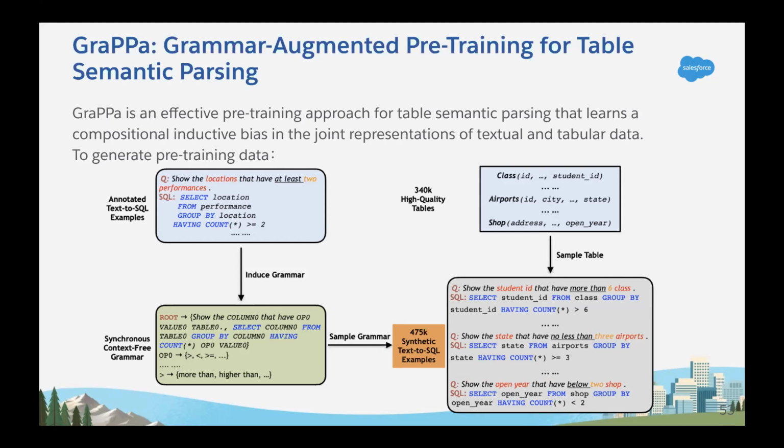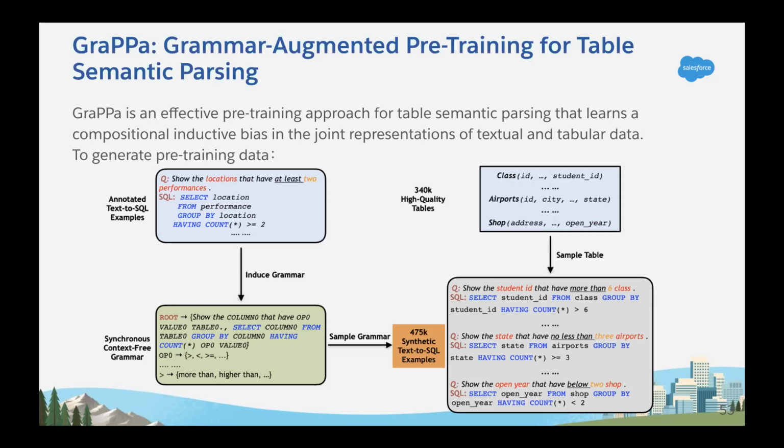So in this case, we use a synthetic way to generate the pre-training data. First, we collect a large number of high quality tables from the internet.